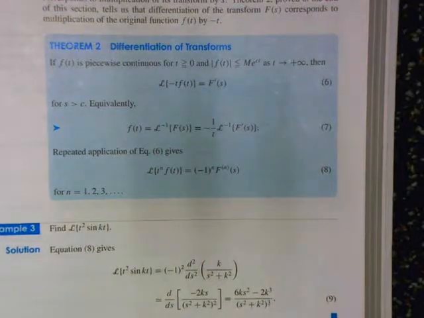All right, so let's look at some examples here. I want the Laplace transform of t times cosine of 3t.